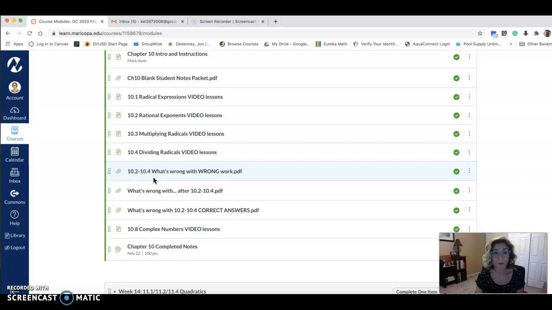So you can print off the what's wrong with and look at the wrong work, try to figure out what the error is, and then make the correct answer or the correct work. So you'll see the wrong work, you'll see a blank paper, and then you'll see one that has the correct answers written on it. So that'll give you some good practice on those couple of sections, 10.2 through 10.4.